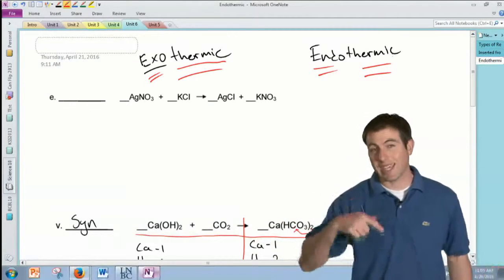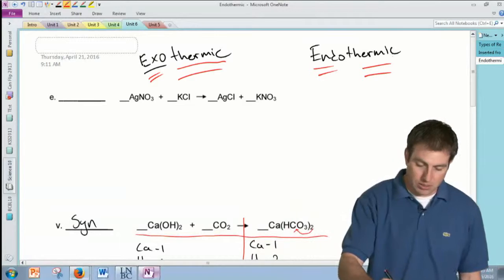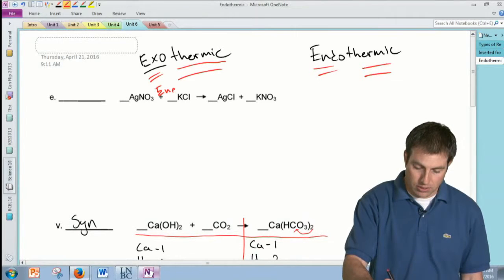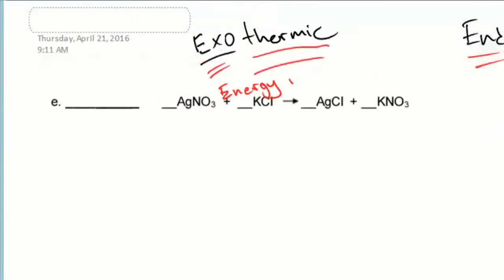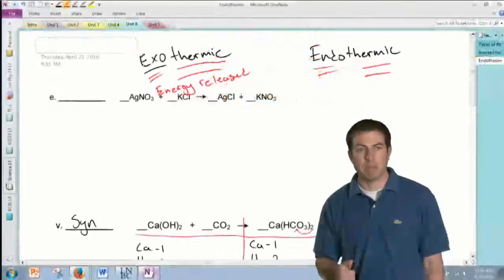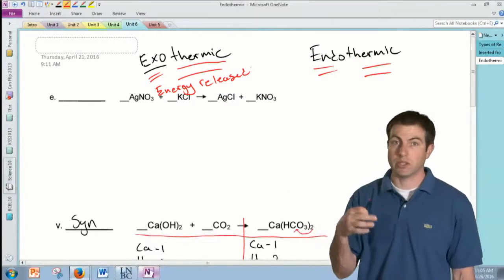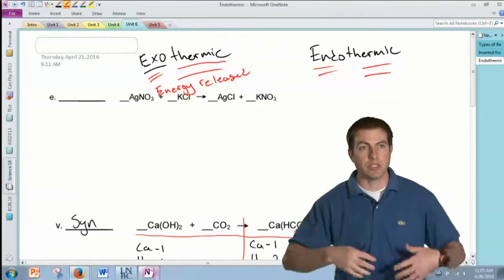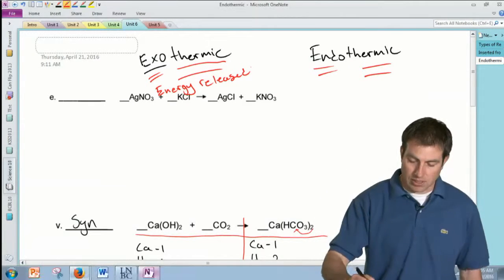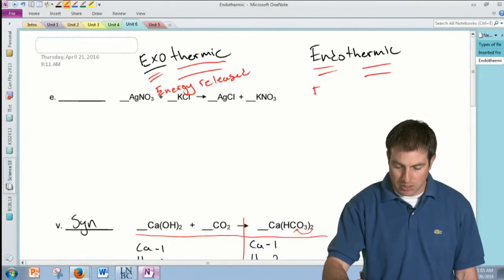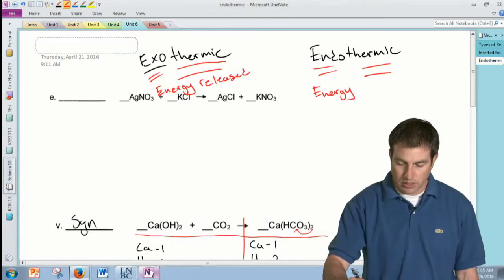So if I said something is exothermic, that means energy is released. Exo, outside, thermic, temperature, energy. Really, temperature is just a measure of the energy of particles. So exothermic means energy is released. If I had something that is endothermic, that means energy is absorbed.